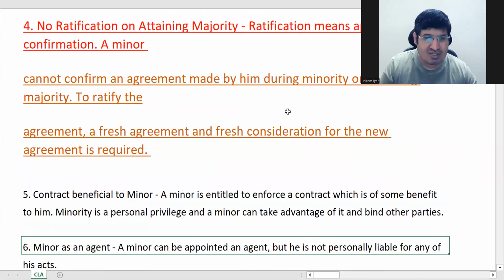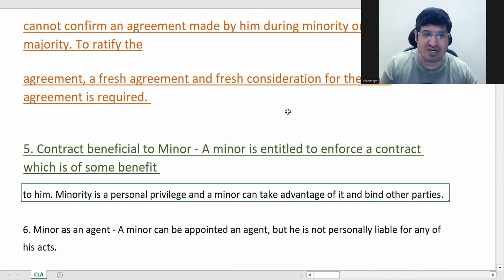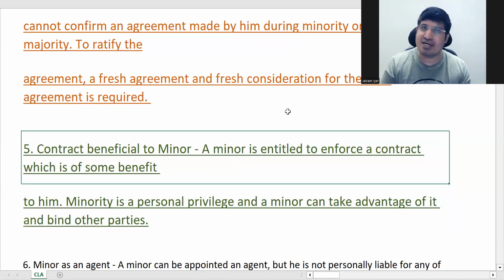Now next is contract to benefit a minor. If there is something which is benefiting a minor, then he can enforce that contract. Minor can enforce a contract with benefit. Minority is a personal privilege and he can take advantage of it.